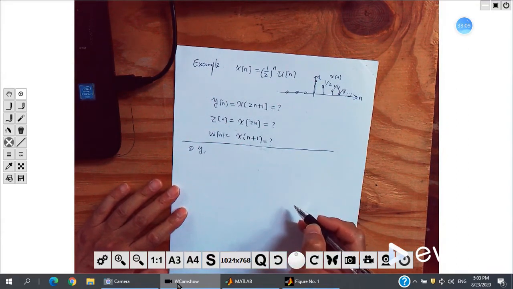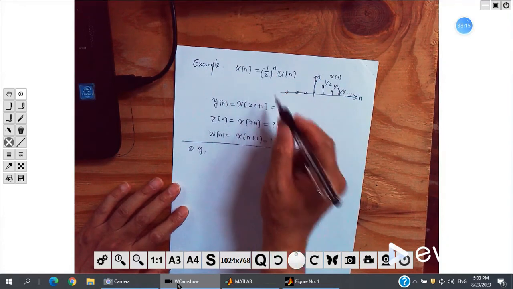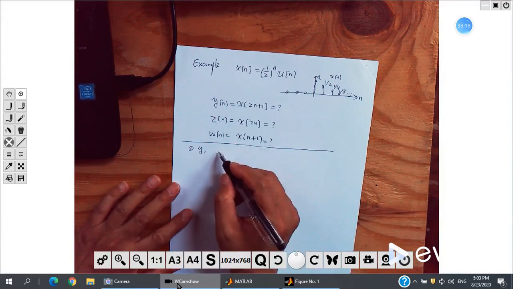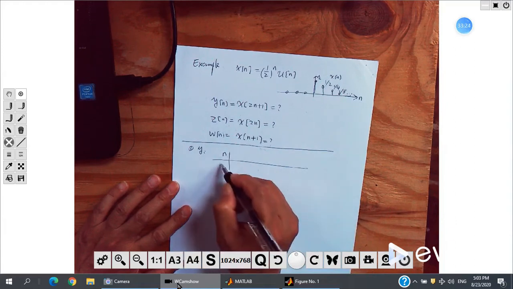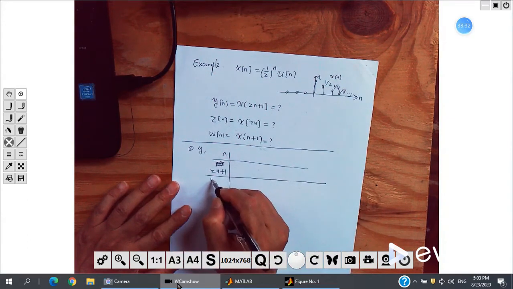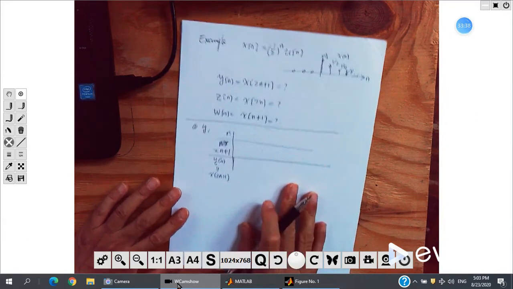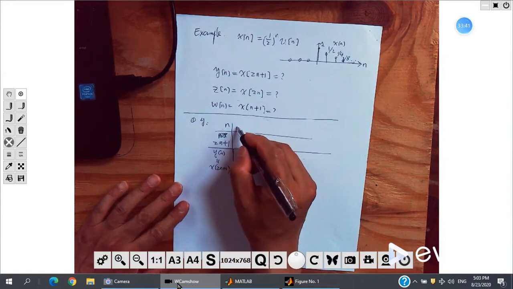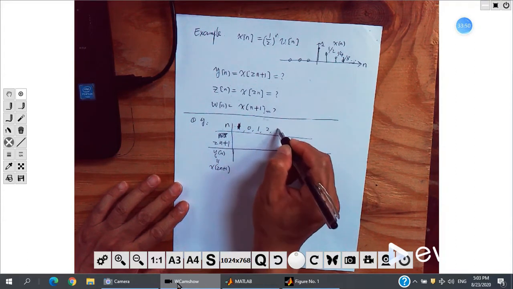We can do a similar thing, but here you can also plug in the values to do the calculation. Both work. So for this one we can try both. This is y, which is x of 2n plus 1, right? Then I start from 0. So negative 1, 0, 1, 2, 3, 4.